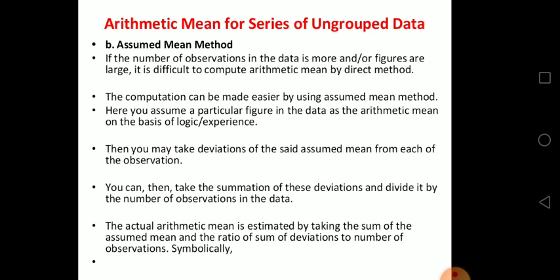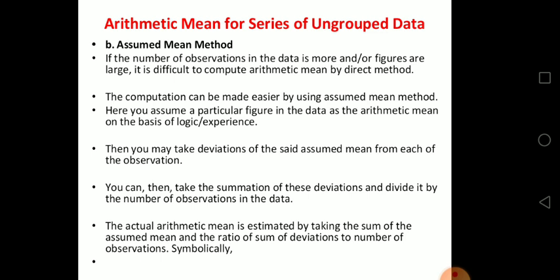Then you may take deviations of the assumed mean from each of the observations. Whatever value you choose to be the assumed mean, you can take the deviation. Of course, the deviation will be the difference between the assumed mean and each observation.